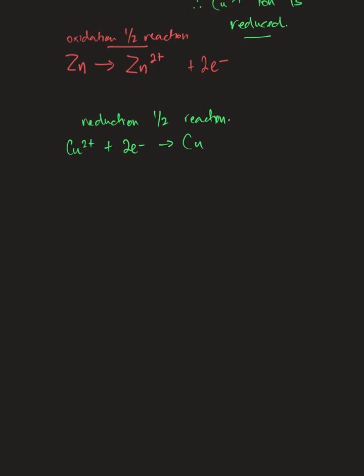Right. The next thing we need to look at is, like I said, the SO4 2 minus. What I would have noticed is that the left hand side was equal to the right hand side. I had SO4 2 minus on both sides, and this is an anion. Right.